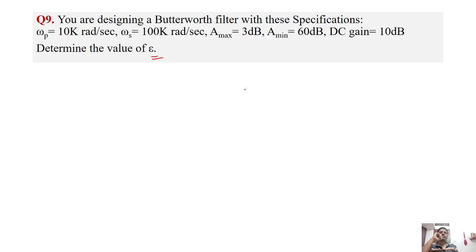For designing a Butterworth filter, we should know the general transfer function of a Butterworth filter, and what omega p and omega s are.